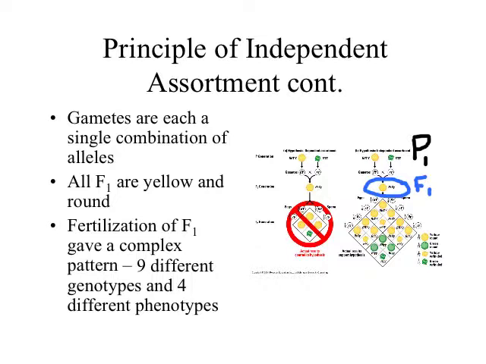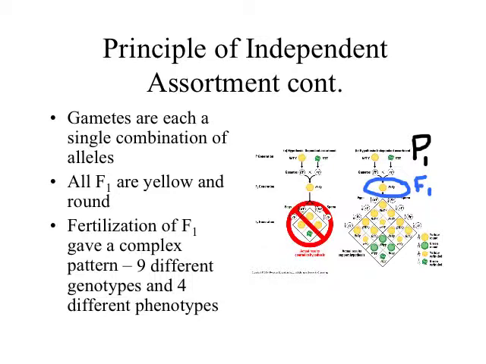Okay, that was the phenotype, all yellow and round, and they would all have the same genetic combination of big R, little r for shape, and big Y, little y for color. Okay, so yellow being the dominant color, round being the dominant shape.